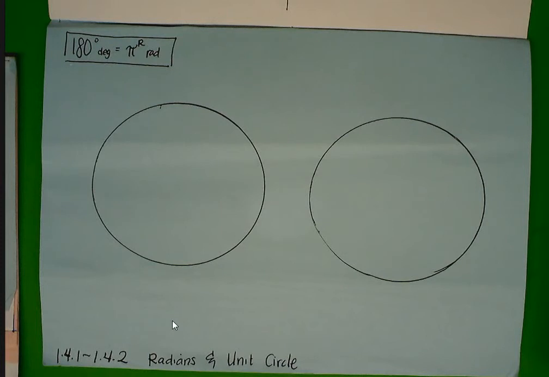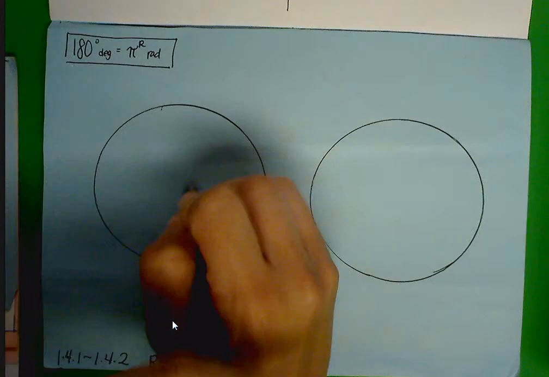Okay, just draw 2 circles. It doesn't have to be perfect. Just sketch it. Then mark the center.